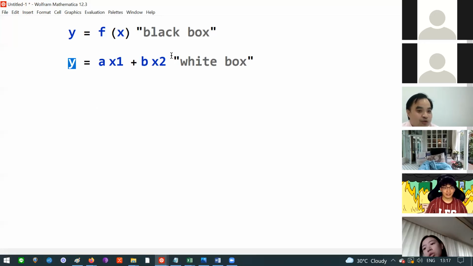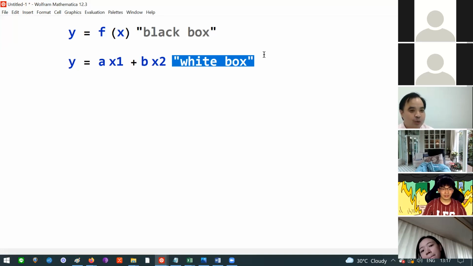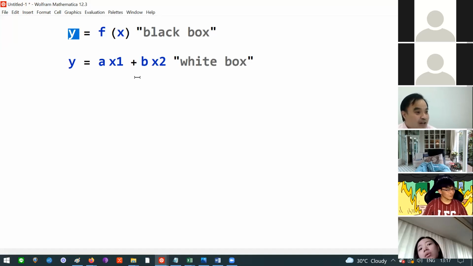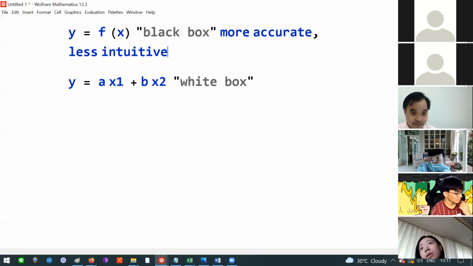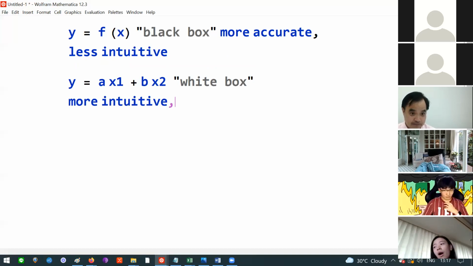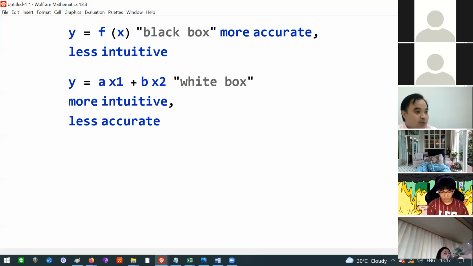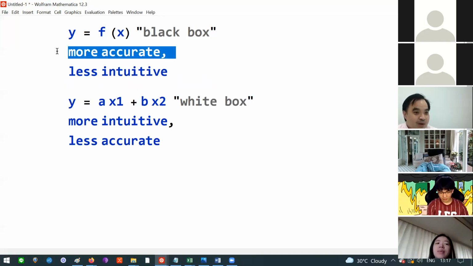If you can't really tell what the model is doing because you don't understand the mathematics, but at the end of the day you want to get a better prediction, then if this is more powerful, it's more accurate, less intuitive, and this one is more intuitive, less accurate. Which one should you choose? Well, I would say in real life, you should choose the one that's more accurate.